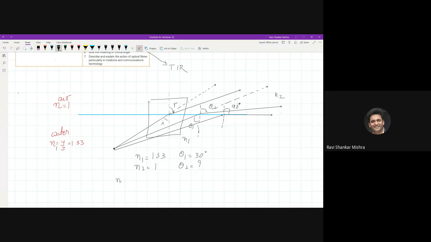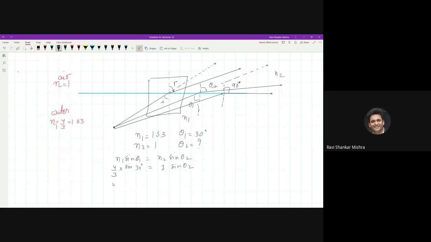Yes. n1 sine theta 1 is equal to n2 sine theta 2. n1 is 4 by 3 multiplied by sine 30 is equal to n2 is 1 sine theta 2. Right? 4 by 3 multiplied by 1 by 2 is equal to sine theta 2, and you are getting 2 by 3.